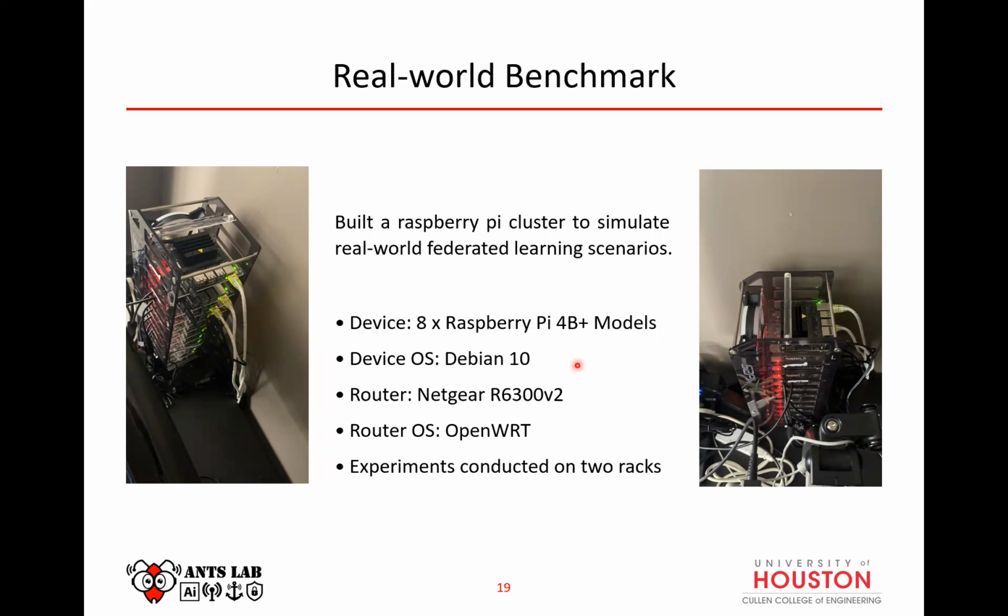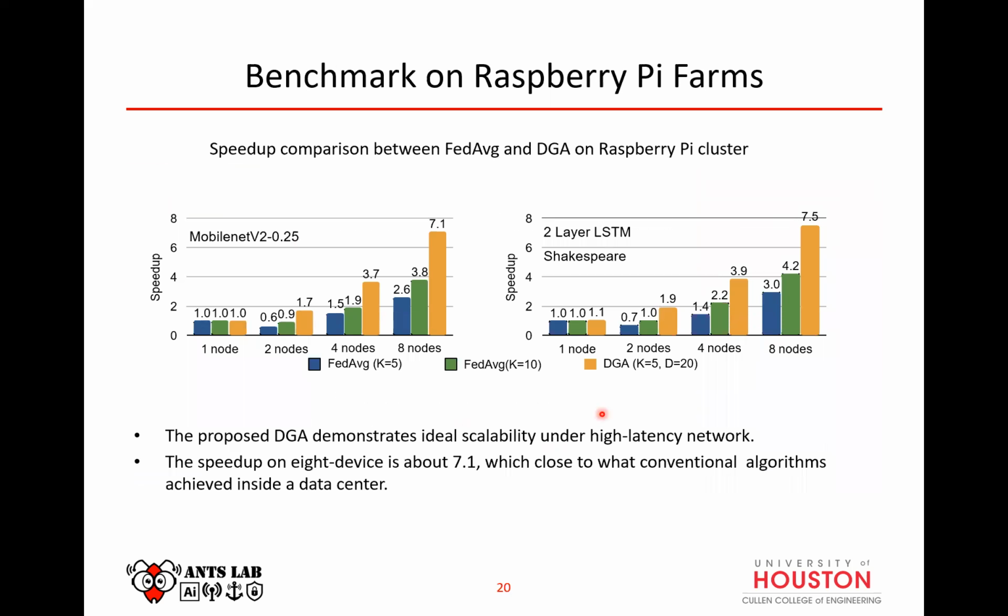The device OS specifications are in this fashion. They're using Debian, and to provide the wireless connection they use a Netgear router with the OpenWRT OS. The experiments are conducted on both racks, and they also test for the delay in this speed up.